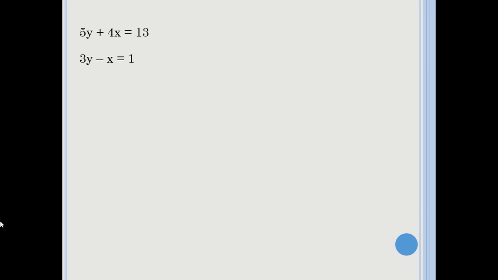So, we're not going to change a lot about our process, we're only going to add in one wee extra thing really. So the first thing we're going to do, as always, is label our equations 1 and 2.